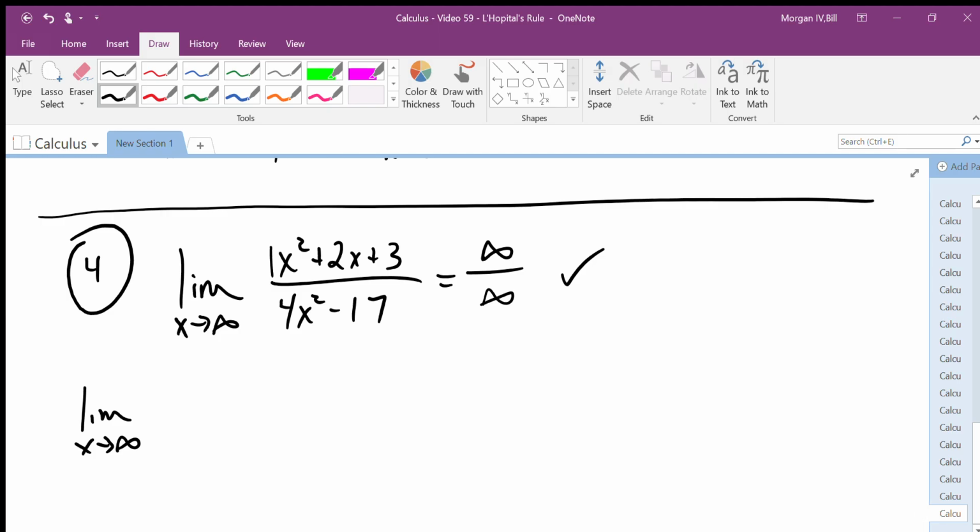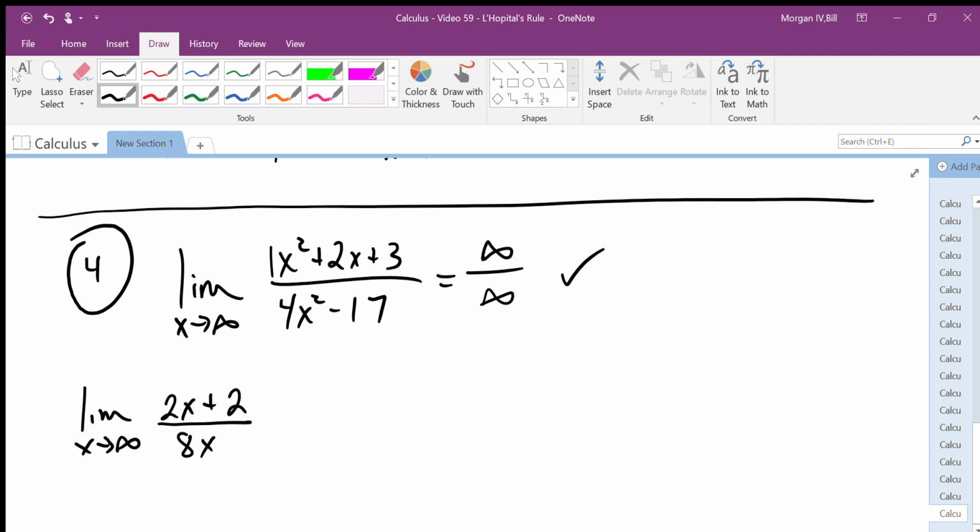Okay, so let's take the derivative of the numerator, that would be 2x plus 2, over the derivative of the denominator, which would be 8x plus 0, so just 8x. Now, the reason I like this problem when demonstrating this is sometimes when you use L'Hopital's rule, as we've done before, we use it one time, we do direct substitution, and we're done.